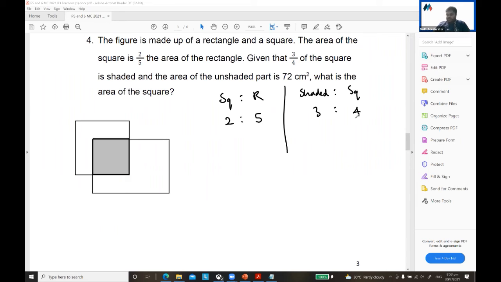So in this question, right, which figure is repeated twice? Square, right? Correct, well done. So the square is repeated twice, okay? So what you're going to do now is going to write square is to shaded. So this is 4 is to 3.